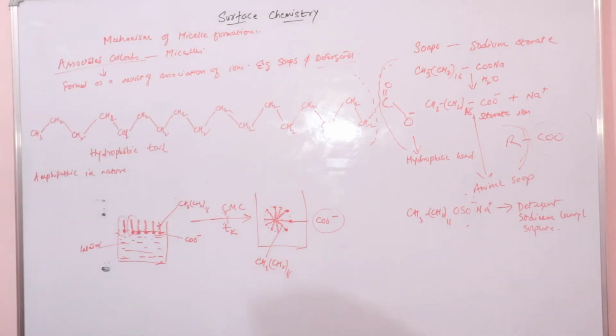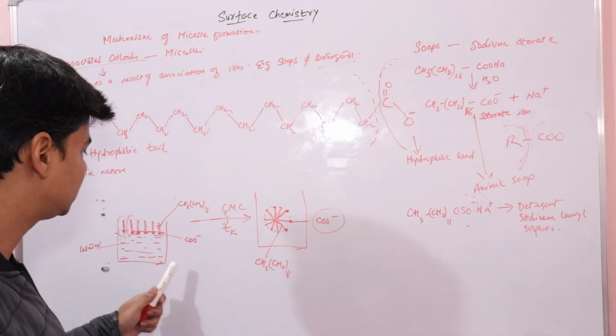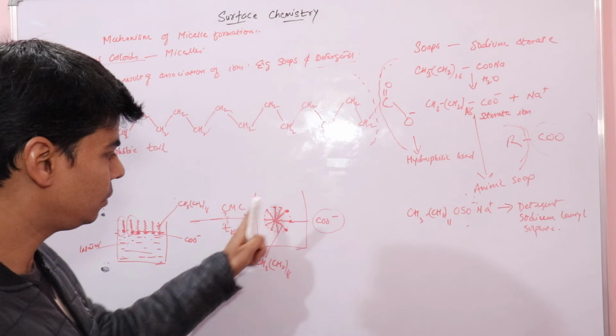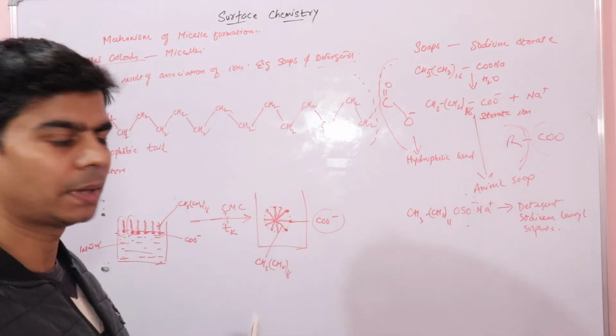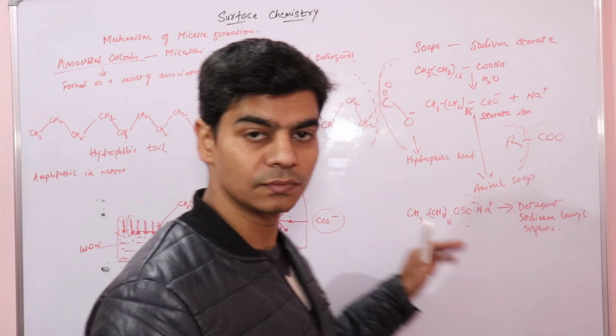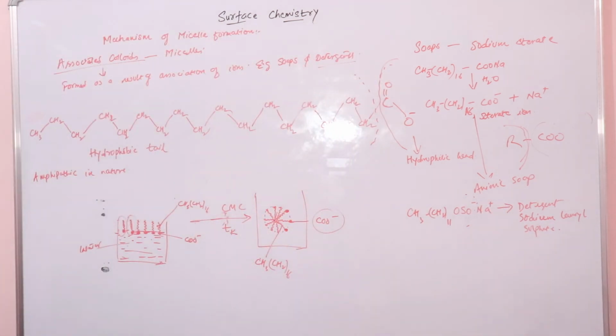So anionic detergents and anionic soap consist of these anions. Then these anions will interact in water above CMC and TK to form these spherical ionic micelles. The formation of ionic micelles in the case of these detergents would be similar. It will also behave similarly when added to water.